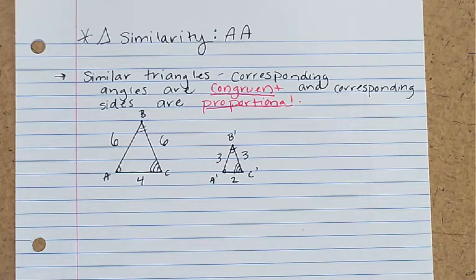So when you have similar triangles, what that means is the corresponding angles are congruent and the corresponding sides are proportional.